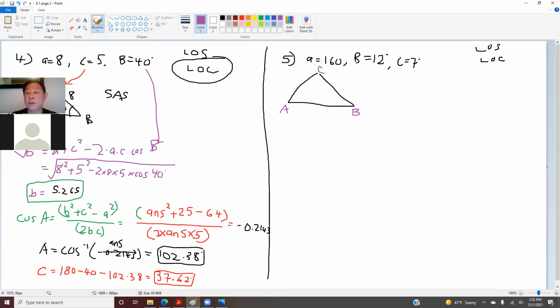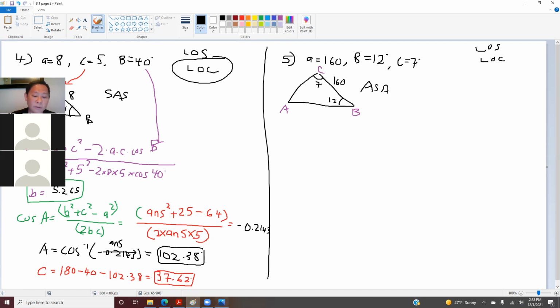Andrew, can you help me draw this and label the triangle? Yeah. 160 would be on the right side, opposite of angle A. 7 degrees would be on the top at angle C, and then 12 degrees would be on the bottom right. Yep. So what kind of triangle do we call that? Angle side angle. Yep.